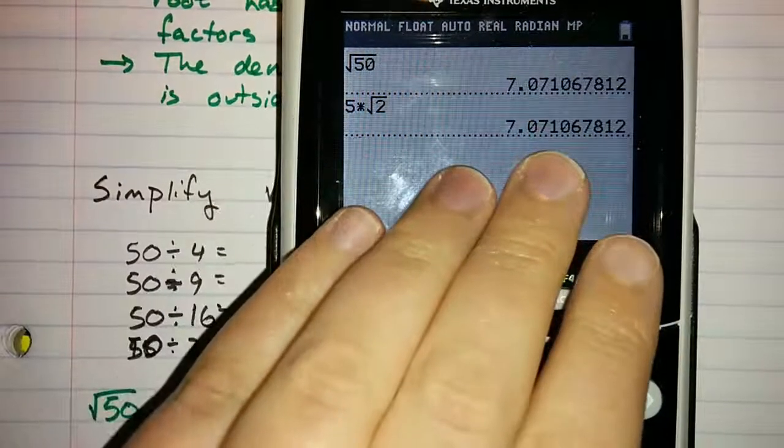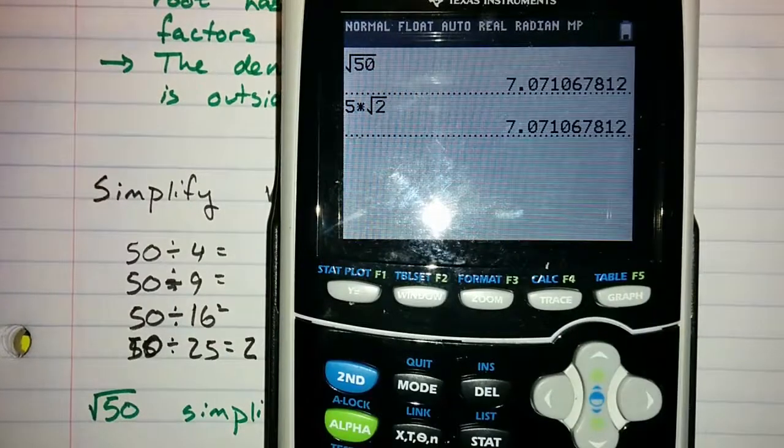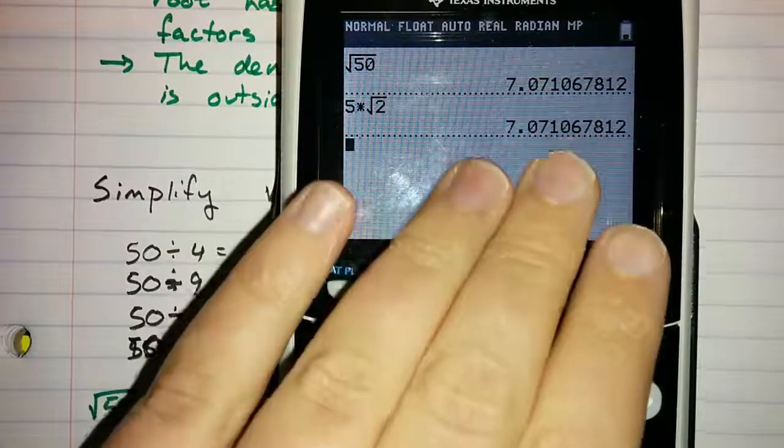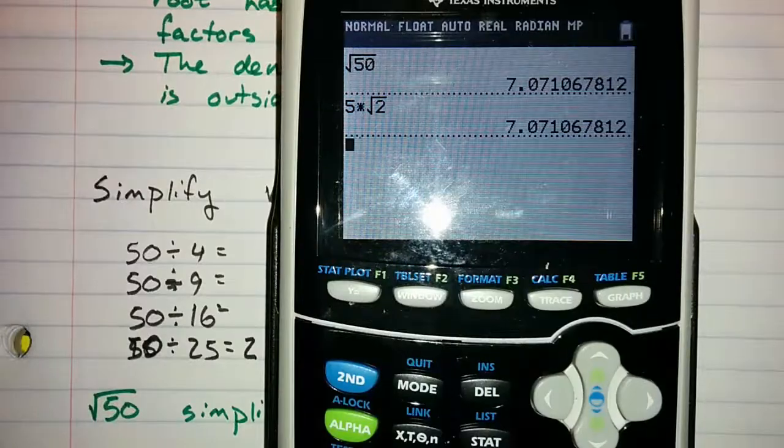Right? See, these are the same. You can always check your work on simplifying a square root by comparing the decimal approximations. I'm going to give you one of these to try before we move on to talking about fractions. Simplify the square root of 48. Pause the video and try this now.